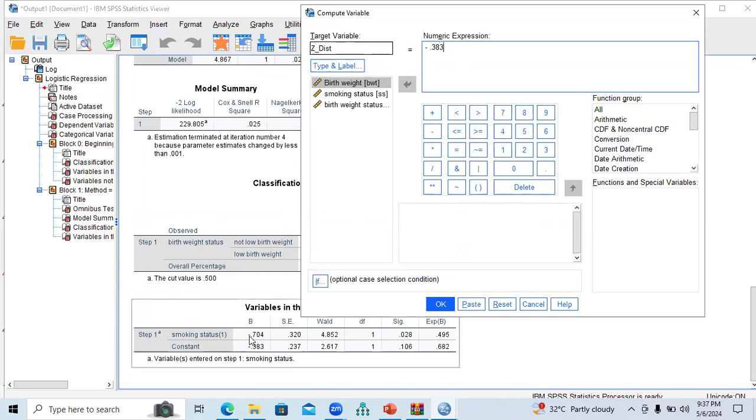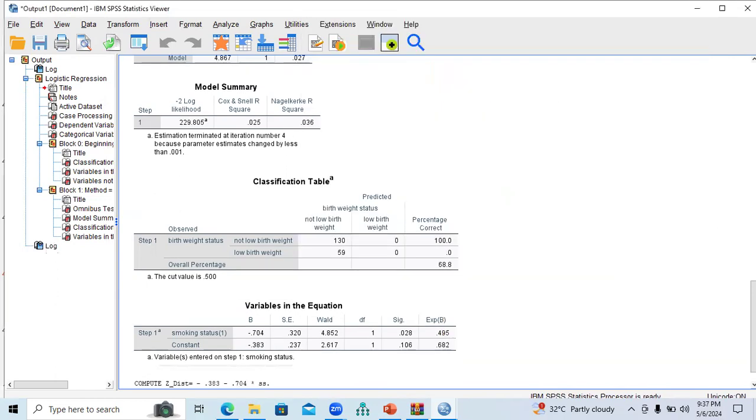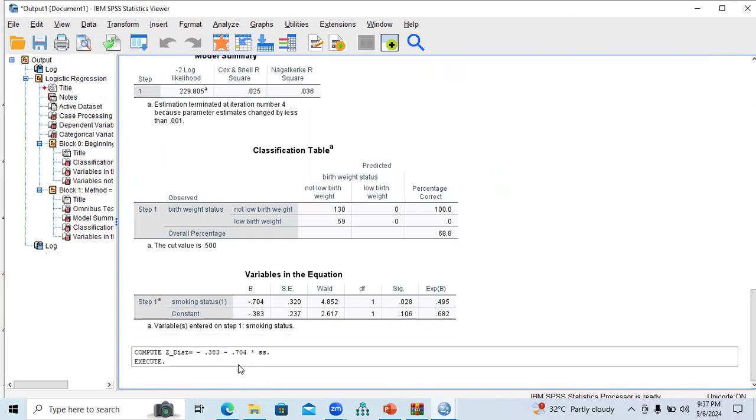Then we need to put the coefficient value of our independent variable, which is also negative, so we place here minus 0.704. And then, according to the predictive model, we need to multiply it with the independent variable. We can use the asterisk, and then smoking status as the independent variable. So this is our predictive model. We can click on OK, and it will execute our predicted model.